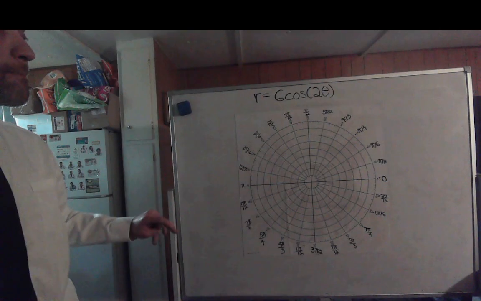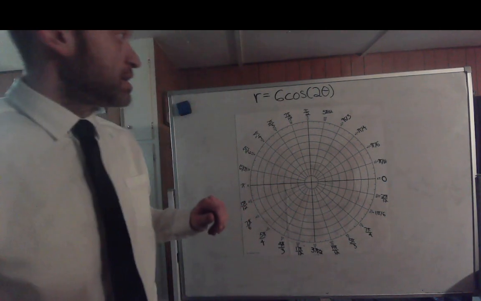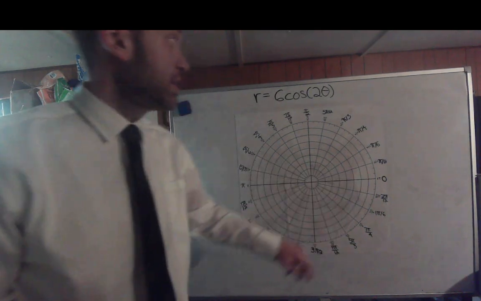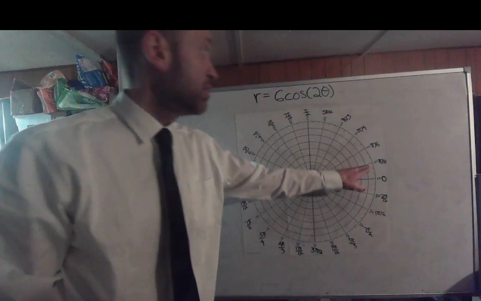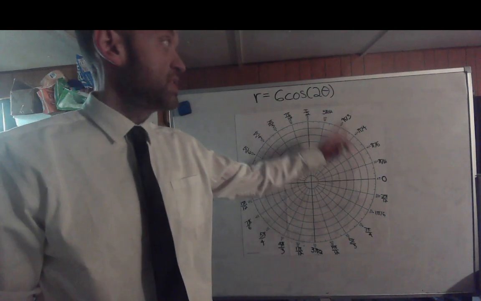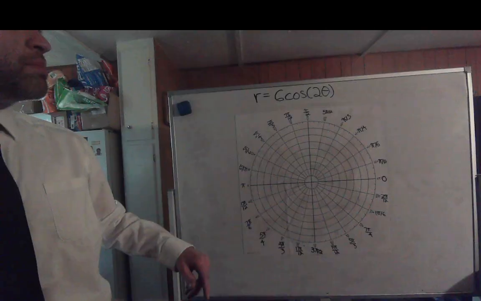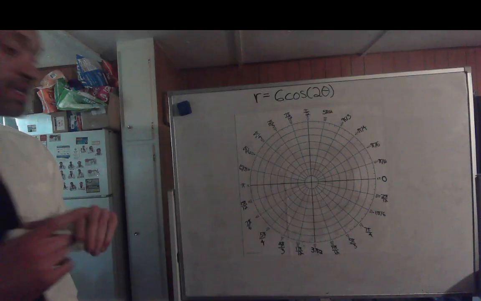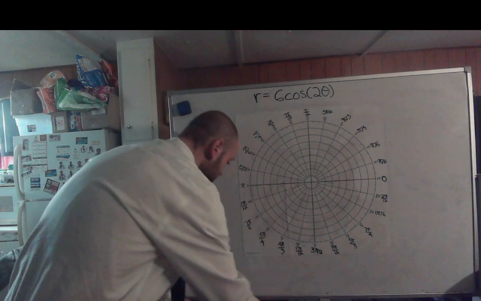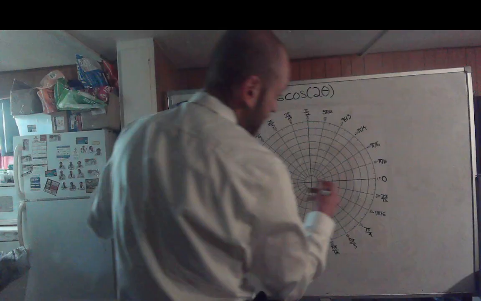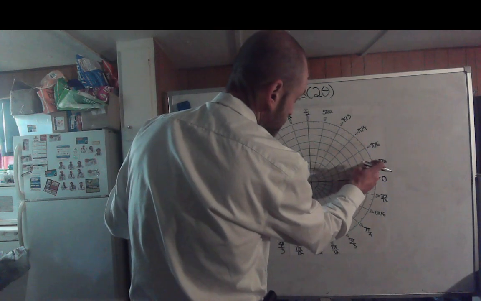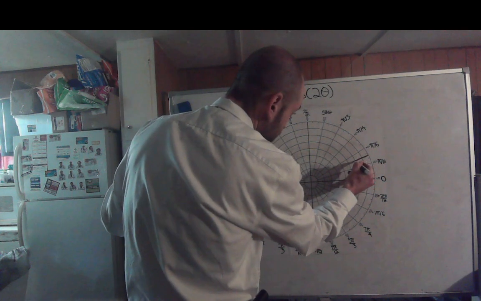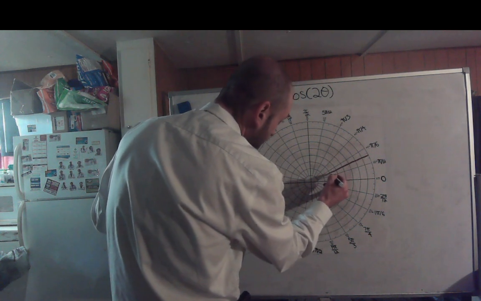Well, 2 theta, this is where our pi over 12s are going to come into play. Because if you take 2 times pi over 12, that's the same thing as pi over 6, right? But wouldn't we also need a pi over 8? We're actually going to need a pi over 8 in this case. So let me draw a pi over 8, as straight as I can here.